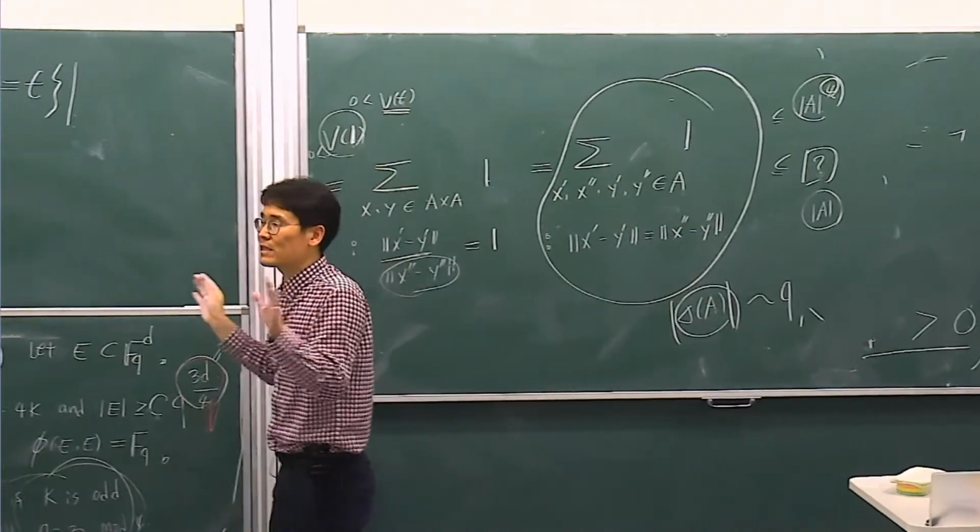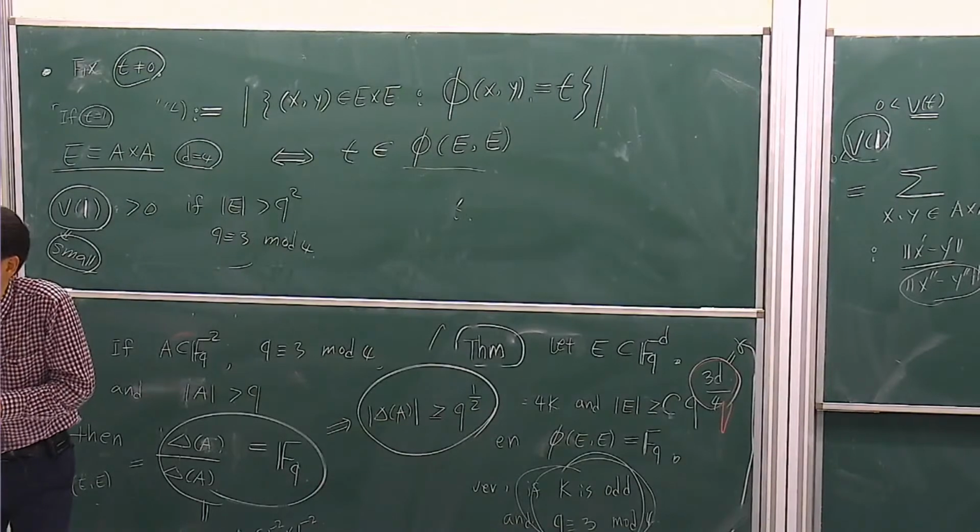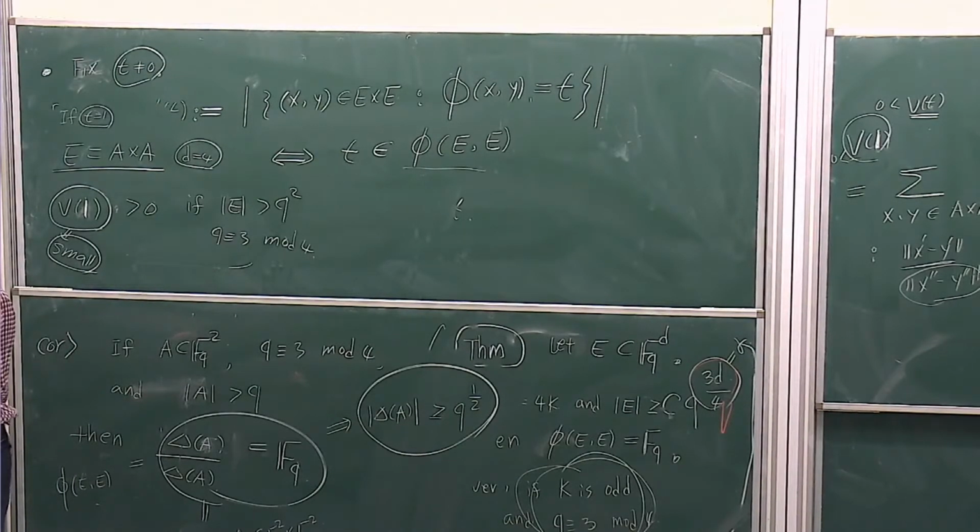Both problems are distance problems, but in one case I want a big number, and in the other case I want a small number. If this is small, I'm happy; in the other problem, if this is big, I'm happy, right? It's very strange, right? Both problems are distance problems.